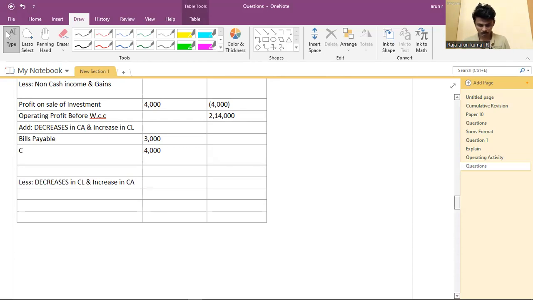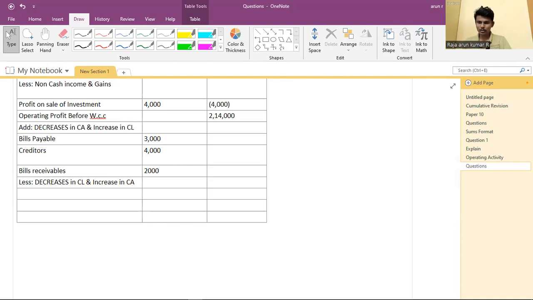This is creditor, and bills receivable, rupees 2,000.